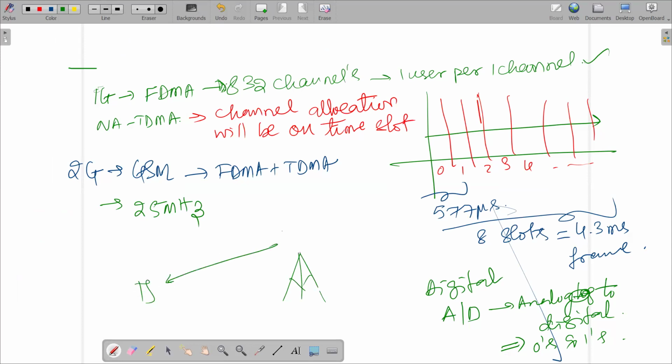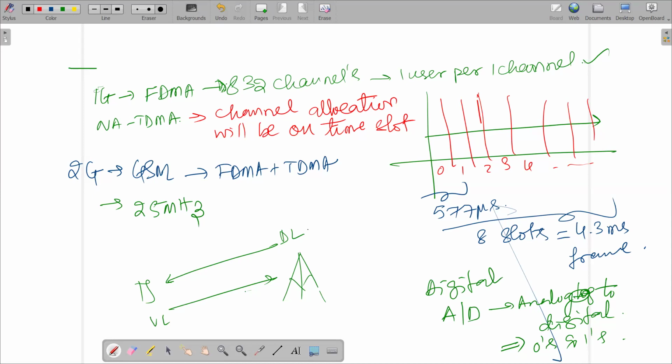This is downlink, and this is uplink communication. Downlink communication needs a separate bandwidth and frequency, and uplink communication needs a separate frequency and bandwidth.